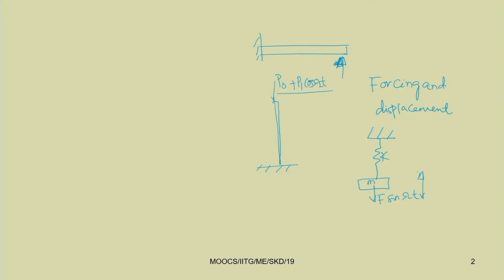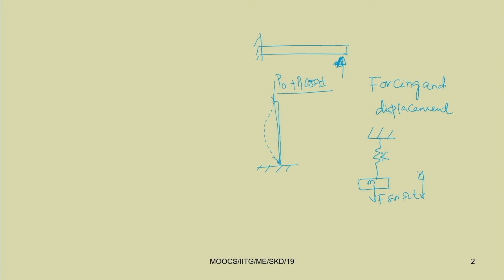In the static case, if you apply a constant force, then when it exceeds the Euler buckling load, the cantilever beam will start to buckle, but at this end there will be 0 slope.